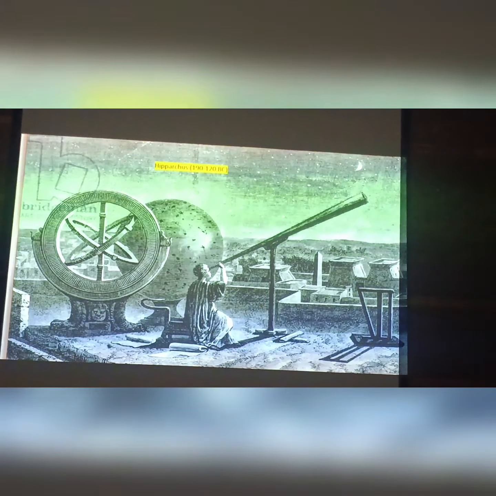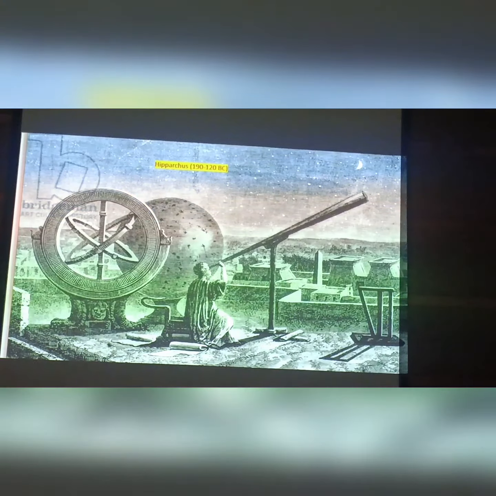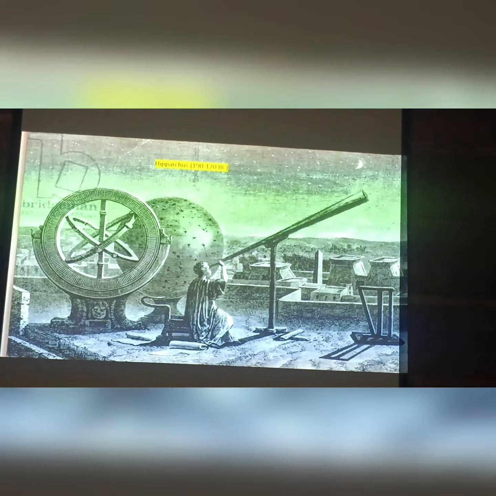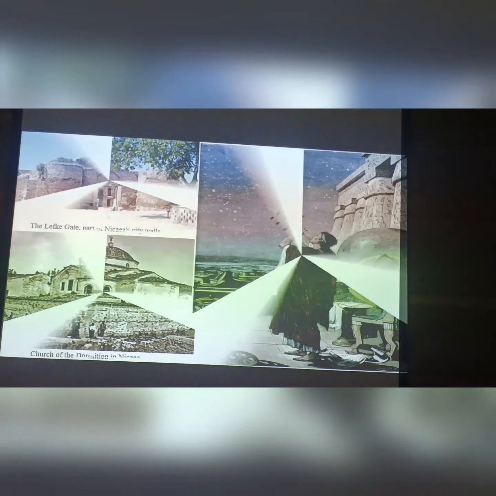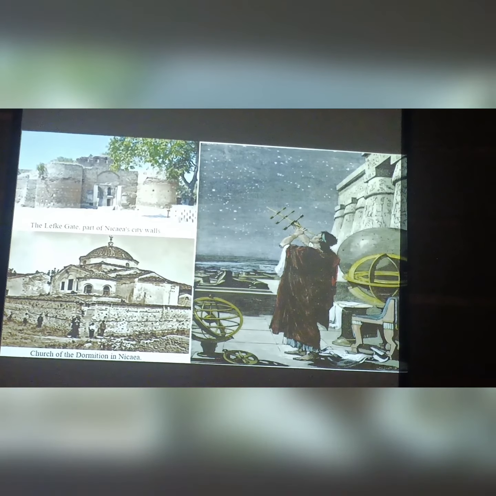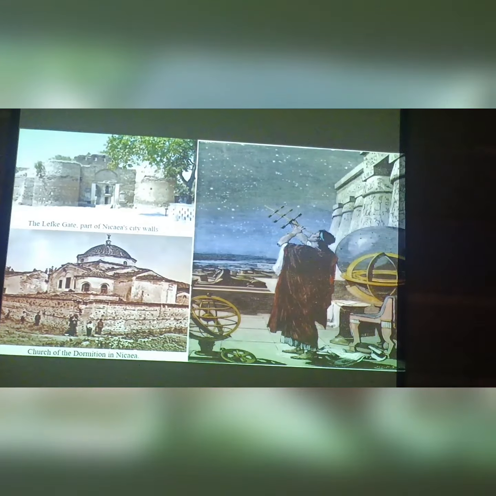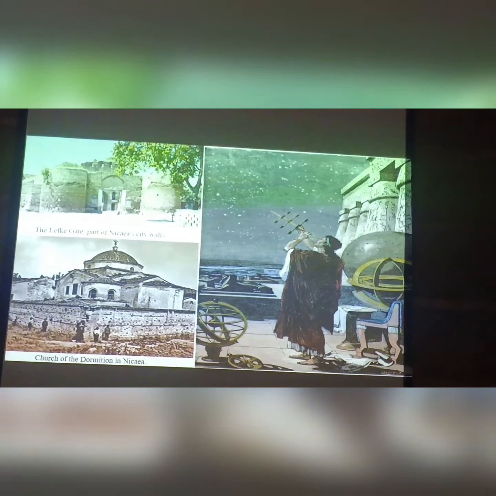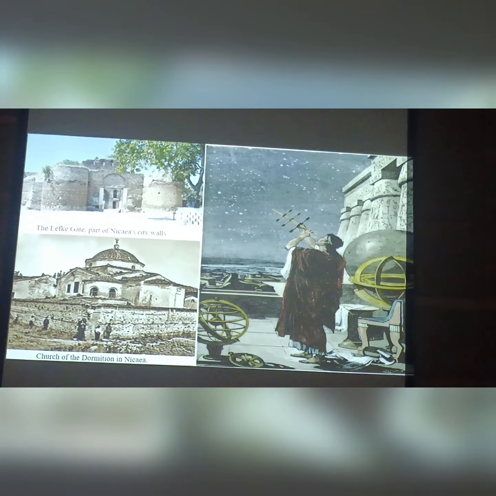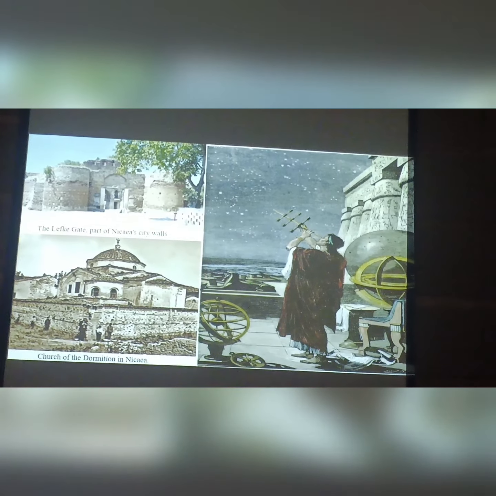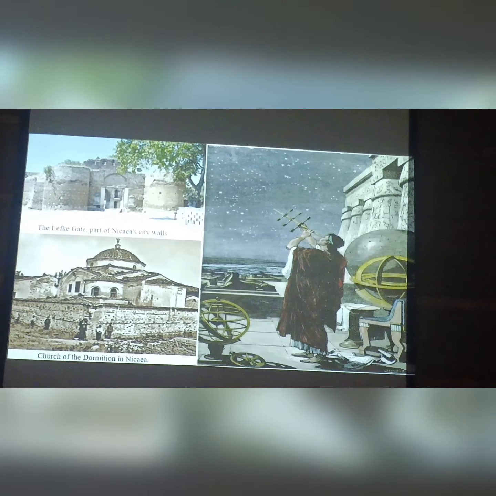Hipparchus was a philosopher and astronomer in the 2nd century BC. He was in the city of Nicaea, which is in the Anatolia region, nowadays in Turkey.